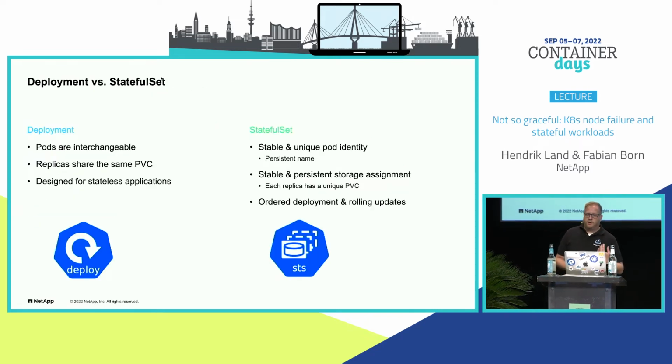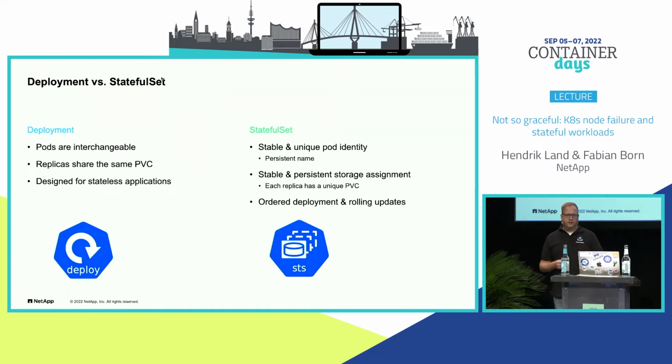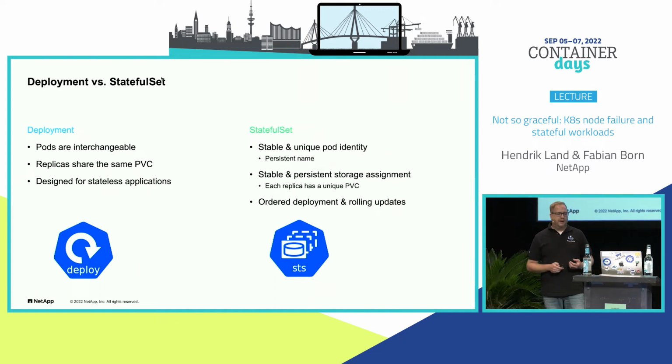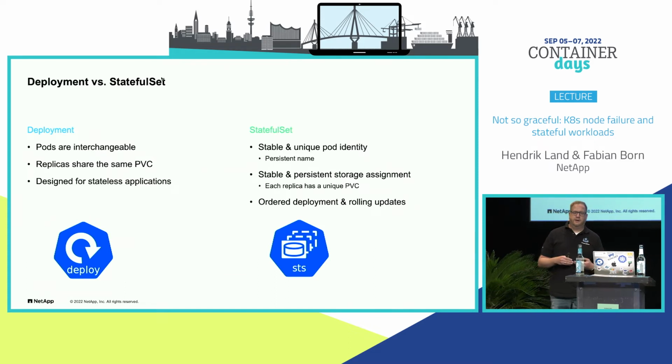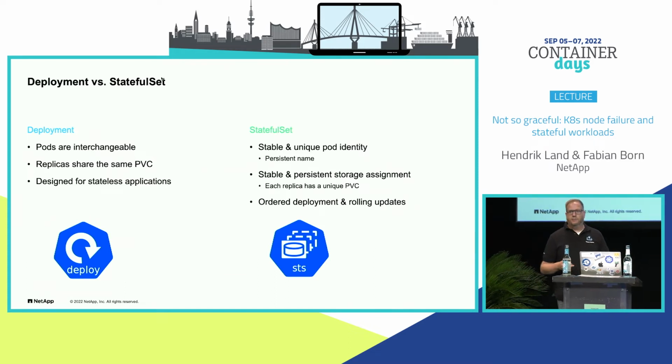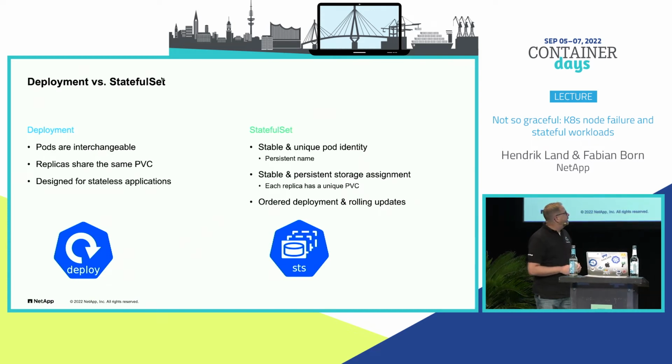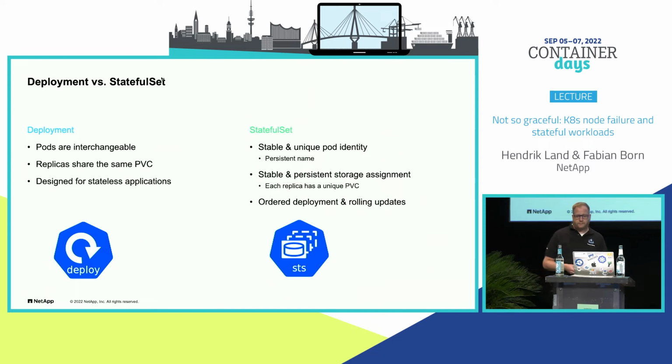Let's have a look at what deployments and stateful sets are. In a deployment, pods are interchangeable. That means you can change the pod from one version to another version, and at the end, the client does not know which pod is running and where the pod is running. In contrast, for the stateful set we need more information.